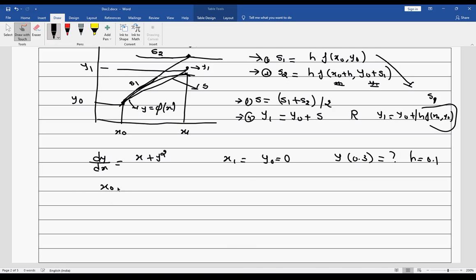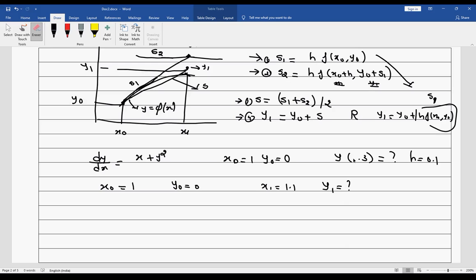So we will write x0 is equal to 1, y0 is equal to 0, x1 is equal to 1.1, and for that I am going to find the y.